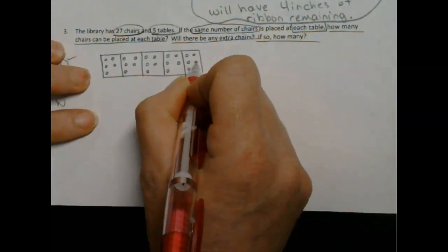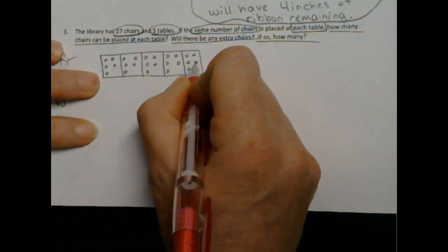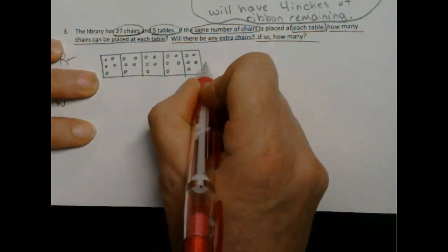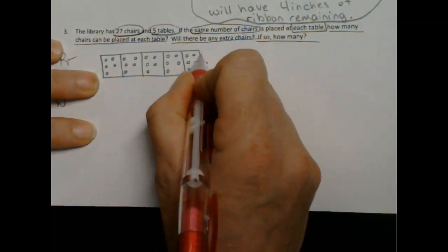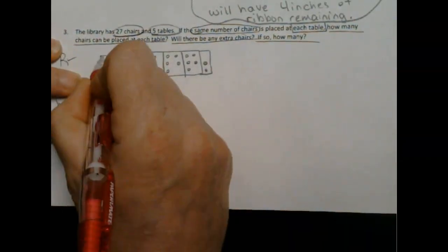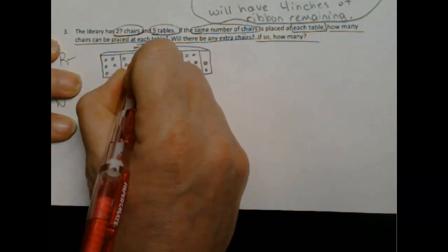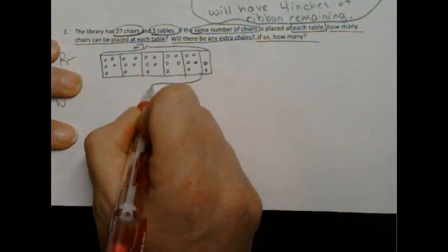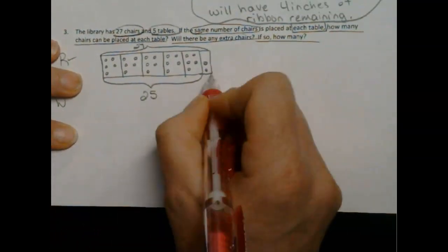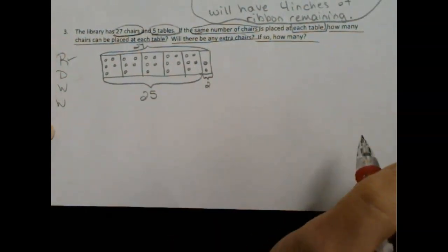All right, well, if I have 27 and I've already placed 25, I can't put 5 more here. I only have 2 more. So those 2 are going to have to be my remainder over here. So that's my extra. So my total number is 27. Around each table, I'm going to have 25 chairs, and then I'm going to have these 2 little chairs left over here.